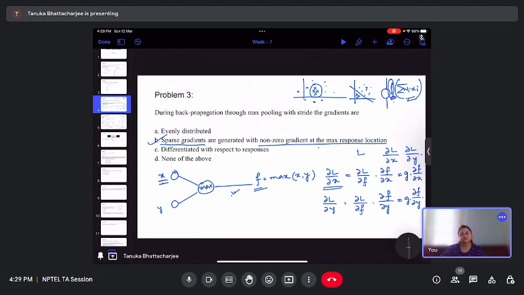Madam, while calculating this loss function, why do we take mean squared error, MSE? We don't always take mean squared error. That is one type of loss function that we can consider.